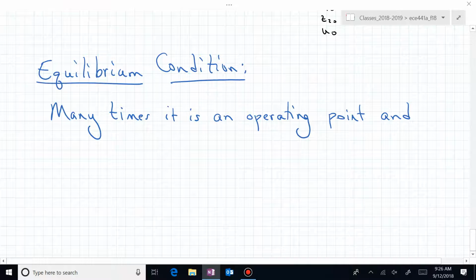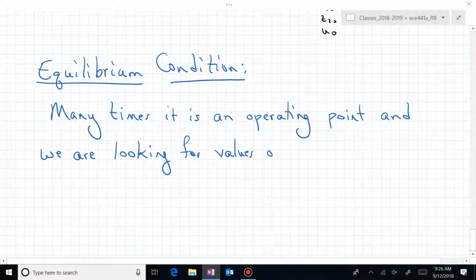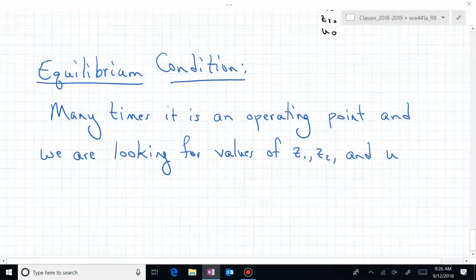This equilibrium condition, and we are looking for values of, in this case, Z1, Z2, and U when the time rate of change of Z1 is 0. Now we're looking at a point.